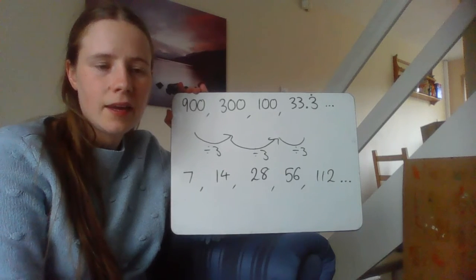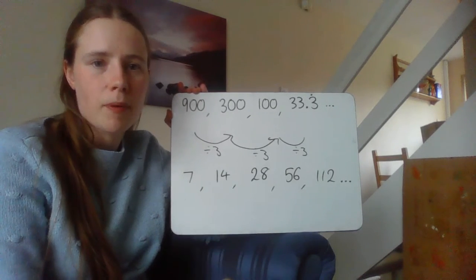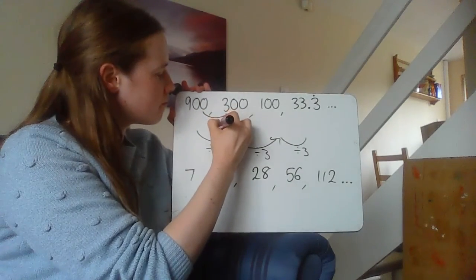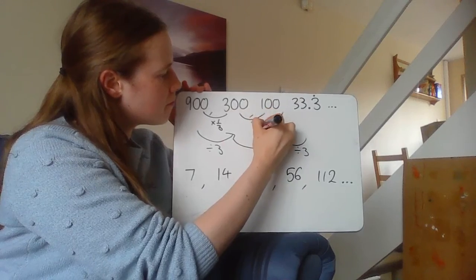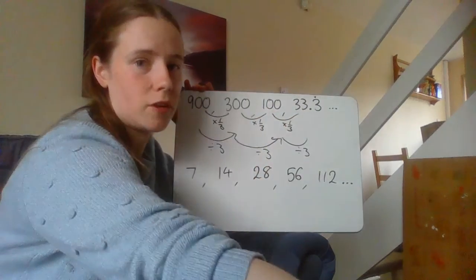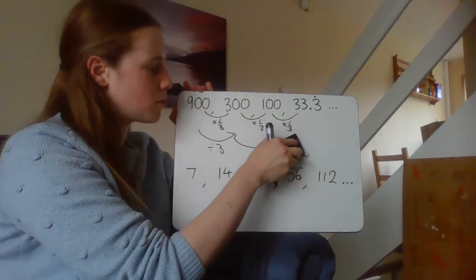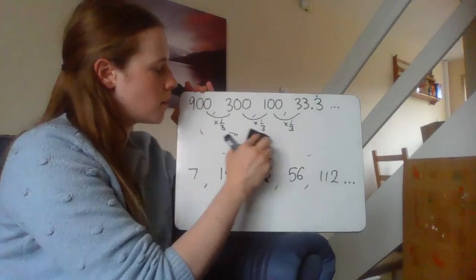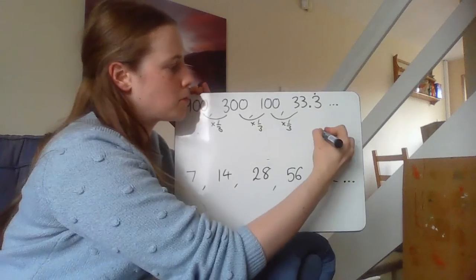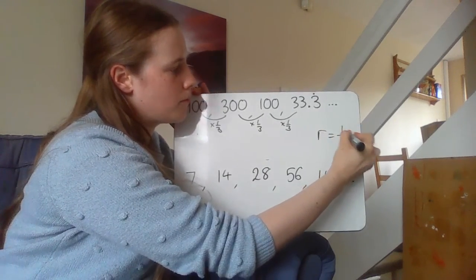Dividing by 3 is the same as multiplying by a third. So if you were asked for the common ratio for this sequence, it would not be 3, it would be 1/3.